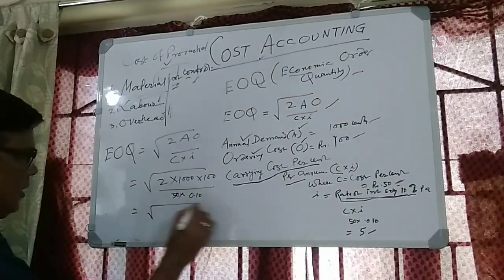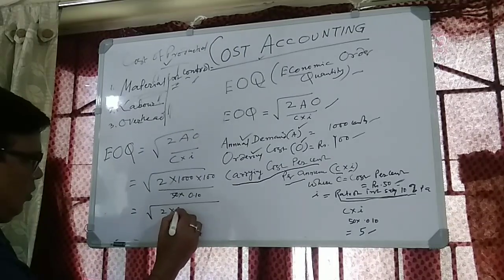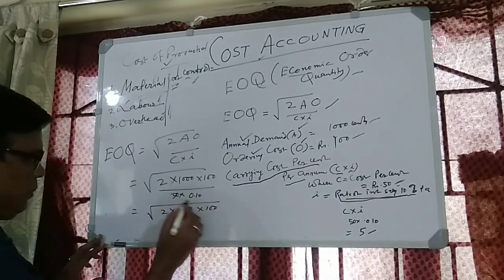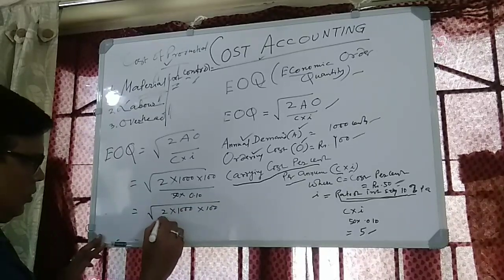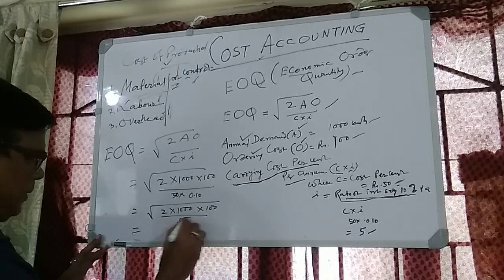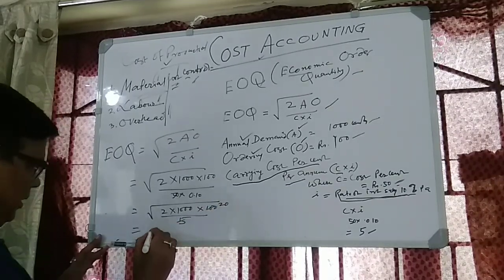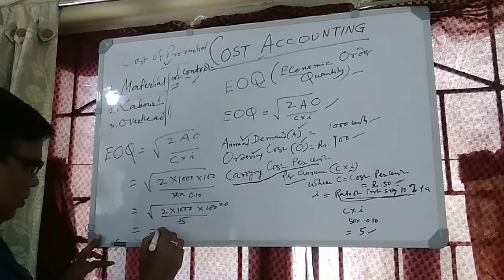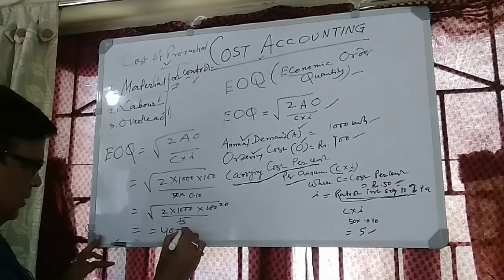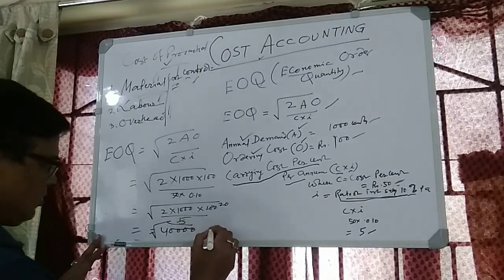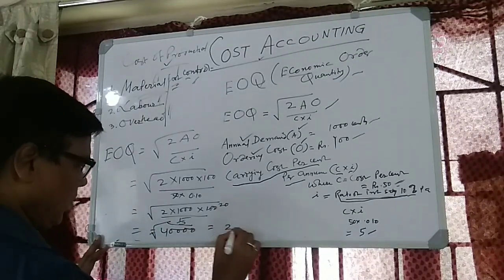So the figure is 2 into 1000 into 100 by 50 into 0.10 equal to 5. If you solve this, it will be 20, so 1000 into 1000 into 20 equals 40,000. The square root of 40,000 equals 200.